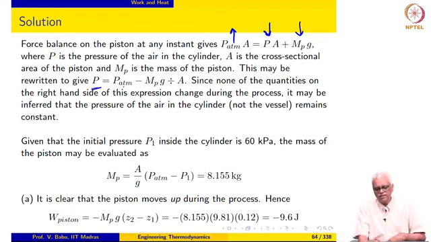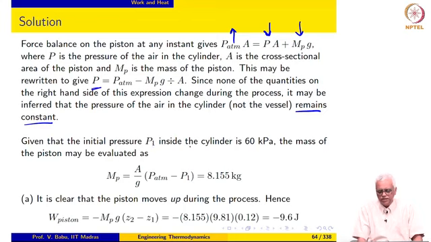In other words, nothing here on the right hand side changes during the process, which then tells us that the pressure of the air in the cylinder remains constant, as the process takes place, because at any instant the pressure in the cylinder is given by this expression, and since nothing in this expression changes during the process, we can easily conclude that the pressure in the cylinder remains constant during the process.